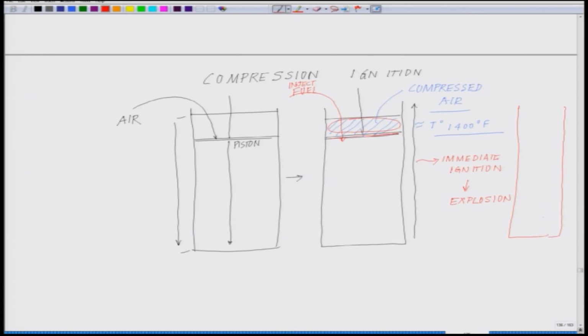And this explosion, as you remember in the previous situation, pushes the piston down, again following the same thing. So, this is the third time the piston is making a motion. The next, all that exhaust as you did in the previous one. So, the first stroke is air filling, the second stroke is compressing the air, third at this stage you are injecting the fuel, and because of the explosion the piston goes down.